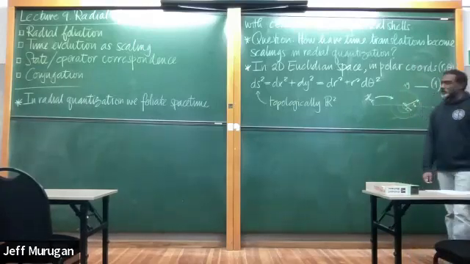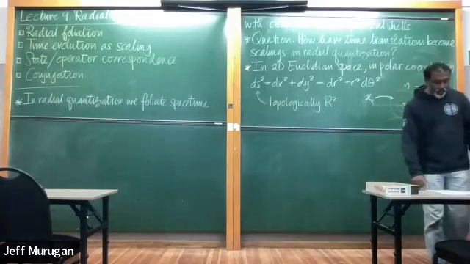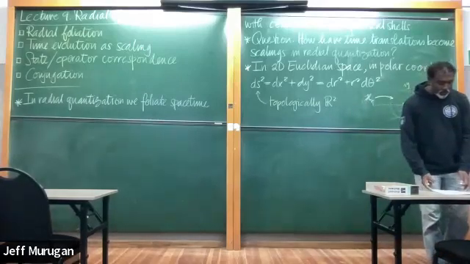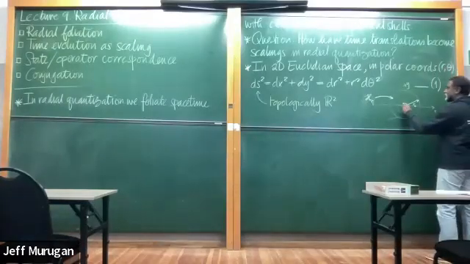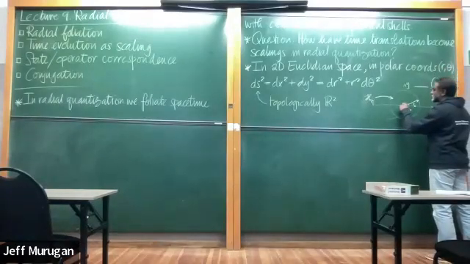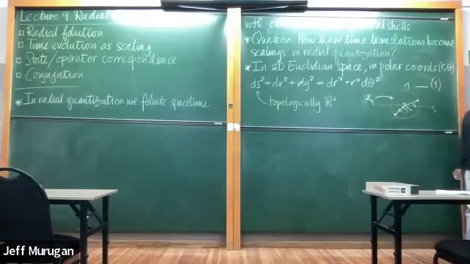And time evolution in Euclidean time here is replaced by movement from smaller radius to larger radius circles. Okay, so time evolution goes from small circles to big circles.